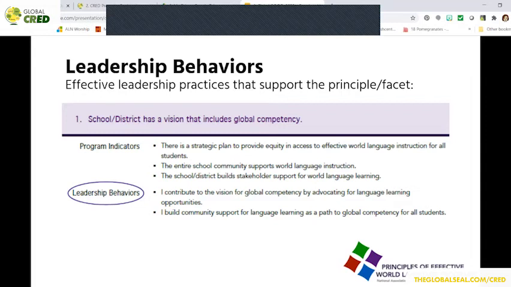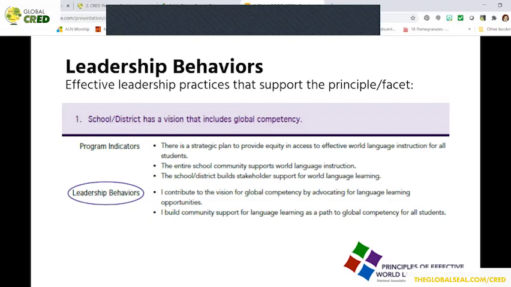So for example, I am advocating to make sure that we are keeping at least one of our Asian languages in that building because of the languages that are considered critical needs languages in the United States and in the state of North Carolina, and all of the opportunities associated with those: study abroad opportunities, scholarship opportunities, additional student learning opportunities during the summer that might be federally funded, teacher professional development, and things of that nature related to that particular language because of its status as a critical need language.